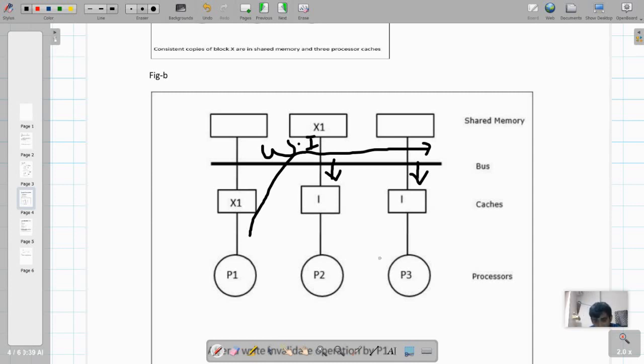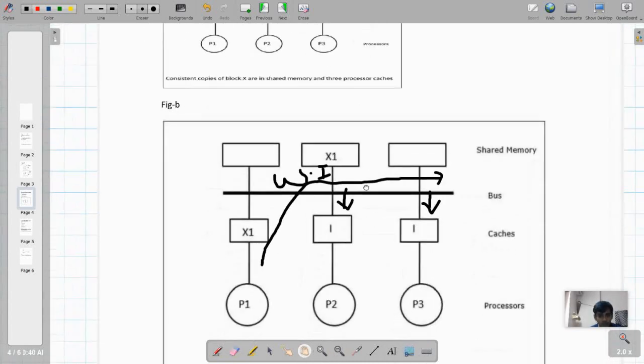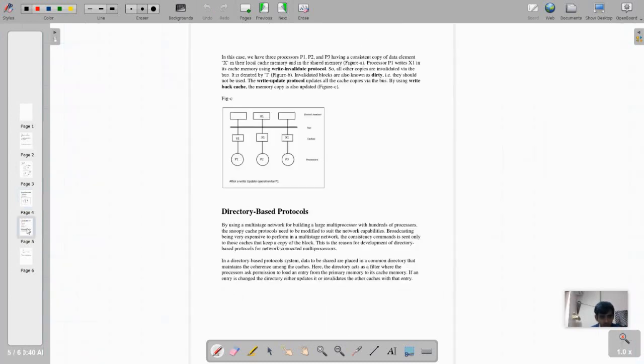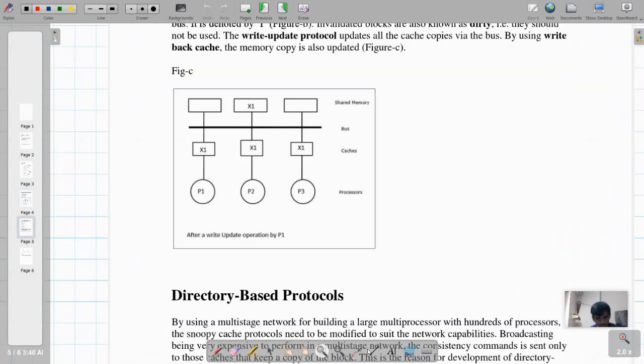So what they have done, they invalidated the data items which were with them. So now you can see that the X which was residing in the caches of processor P2 and processor P3 has been invalidated, marked by this I. And at the next time, what goes on?